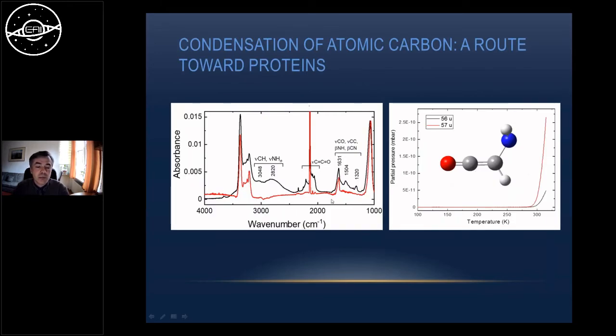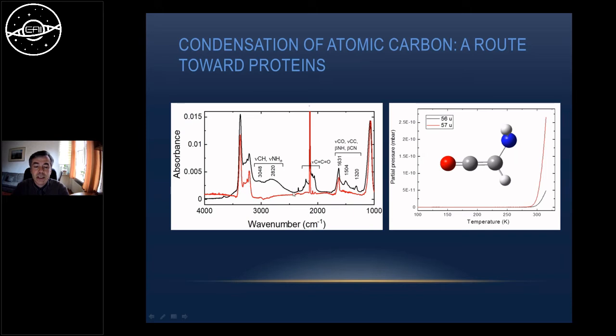Here you can see the infrared spectra of the deposit. The red spectrum is obtained after we deposited only ammonia and CO molecules, and the black spectrum is obtained when we added carbon atoms.